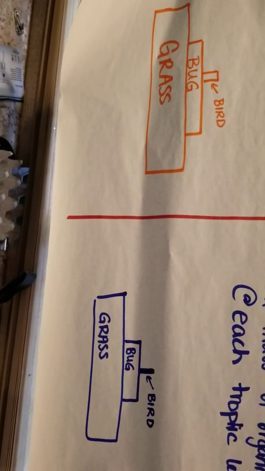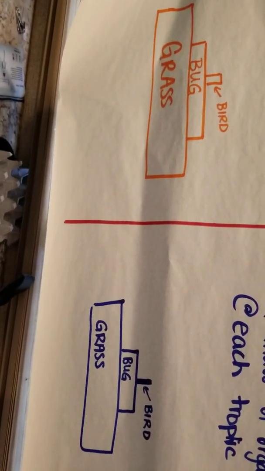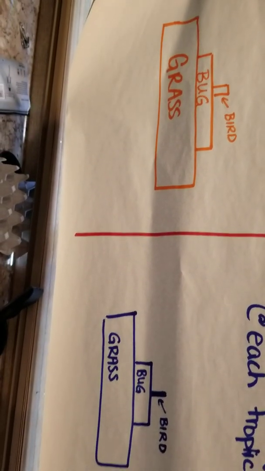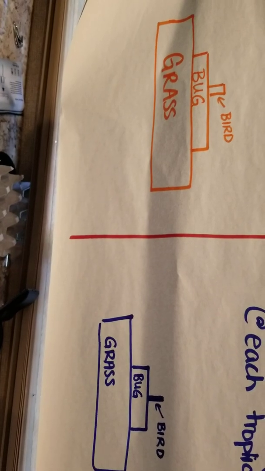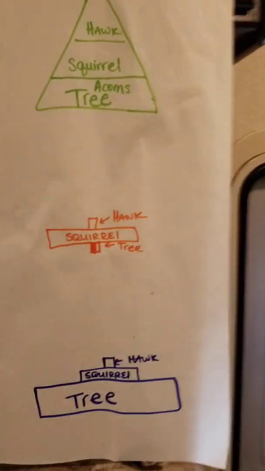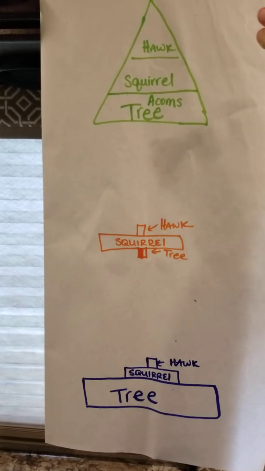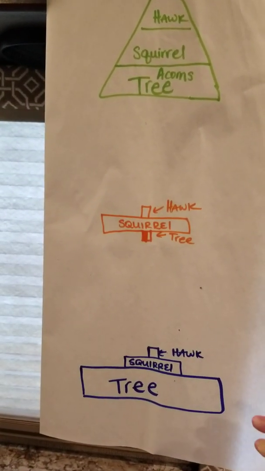Now, not every food chain is going to have pyramids that look quite like that. So let me show you another food pyramid and the pyramid of numbers and biomass that go with it, just for comparison. So over here, and the color is the same, we've got the food pyramid, we've got the pyramid of numbers, and then we have the pyramid of biomass.